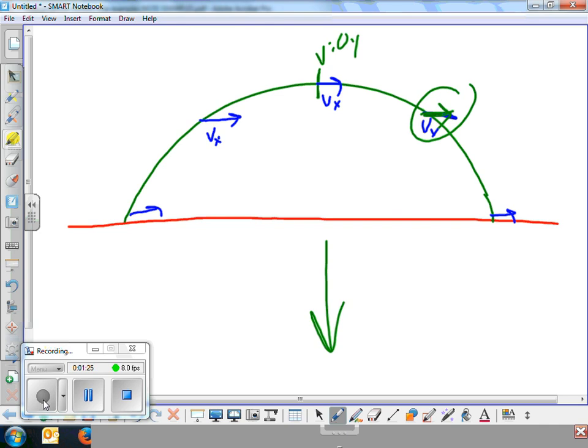The other thing that we said is, as we go higher and higher, we get down to a v in the y direction that decreases in magnitude until it hits here, and right there we said it's 0. And then it starts to increase in the negative direction.